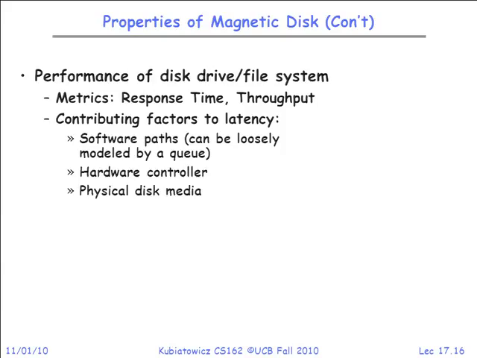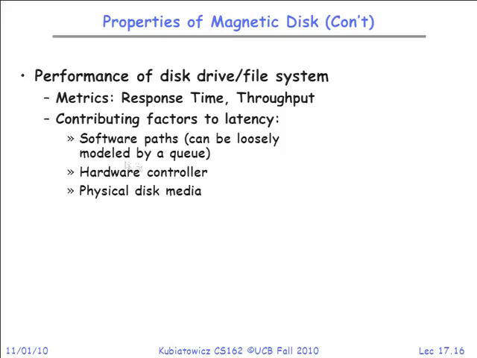Other things that can contribute to latency include the software path. From the point at which a process makes a request through the operating system, what is that path? How complicated is it? Is it stuck in a queue? And then, of course, the hardware controller has to cause the disk to do something, and then the disk itself has to be read. So there are a lot of latency factors here. I want to talk a little bit about the software one, and we're going to continue this next time.